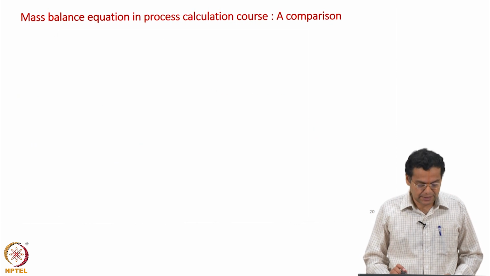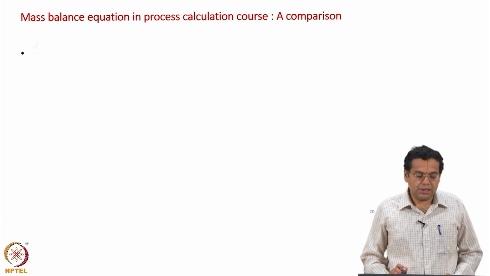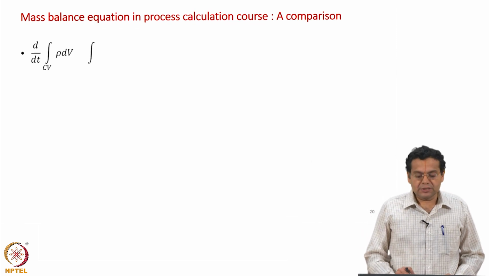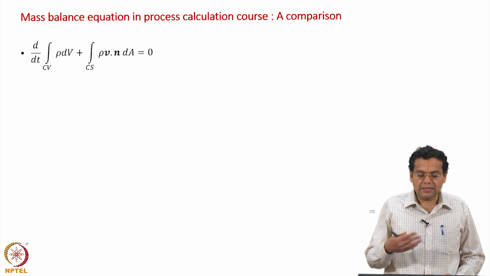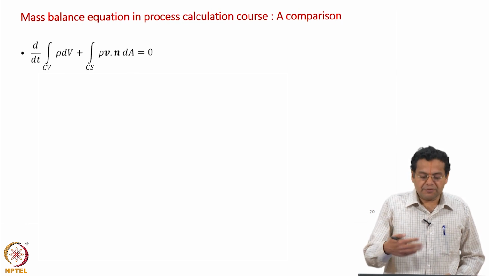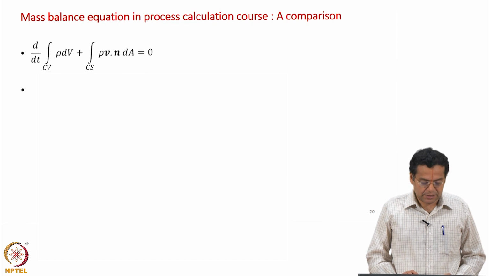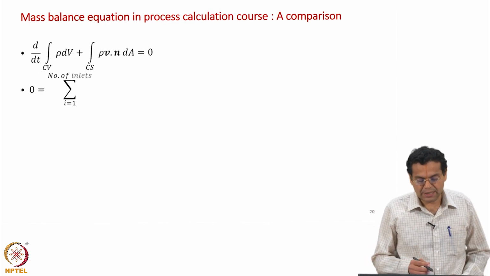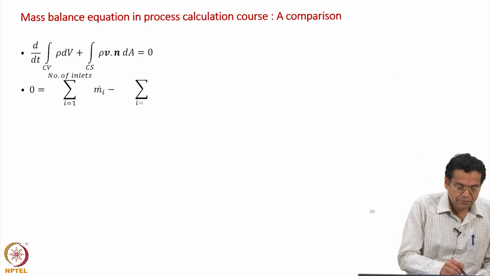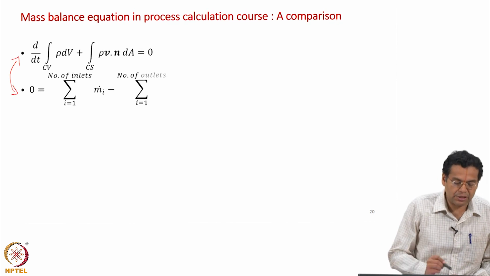Now, what we will see is that the equation you have used is equivalent to the simplified form. What we will now do is see how the simplified form used in the process calculation course compares with the most general form of the conservation equation which you have derived.